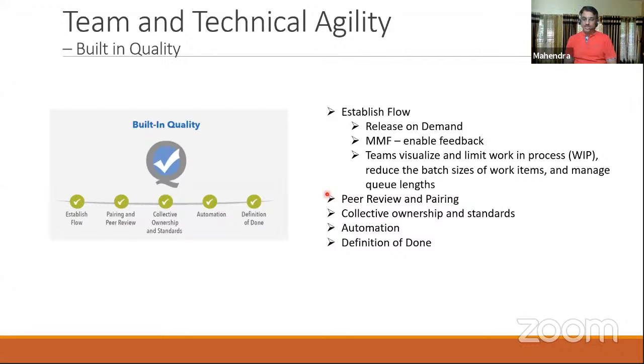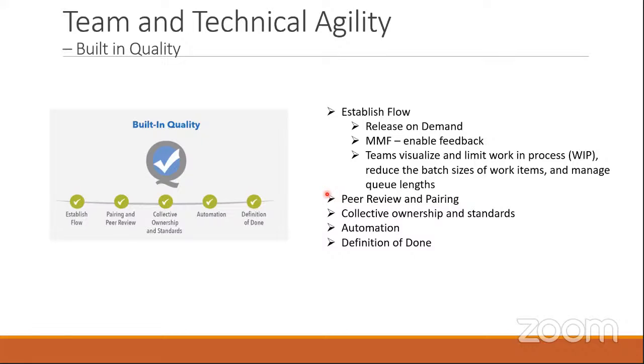It is not a buffer sprint where we do the leftover work if we cannot accomplish it. That is not meant for that. It is specifically innovation and planning, with a focus on innovation and learning, so all of these best practices and engineering practices, you can build your skill set there.